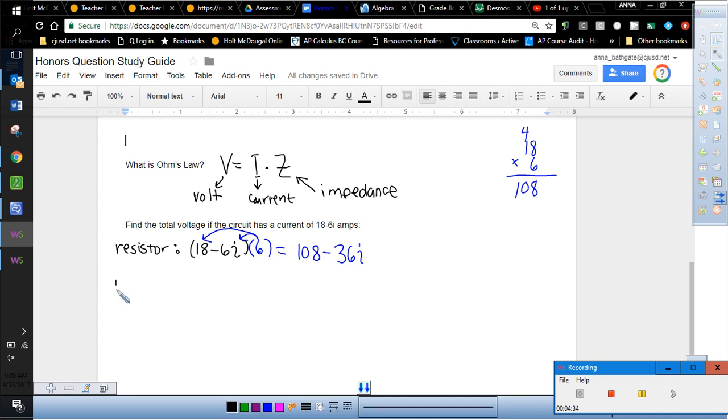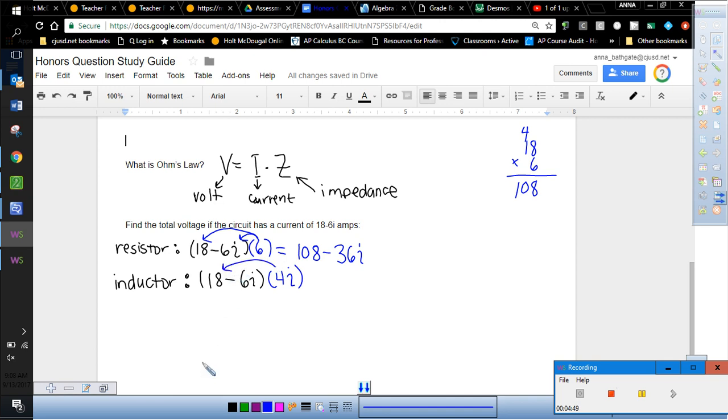Then I'm going to find the voltage of the inductor. I take the same current, because the current doesn't change, and multiply it by 4i, the impedance of the inductor.